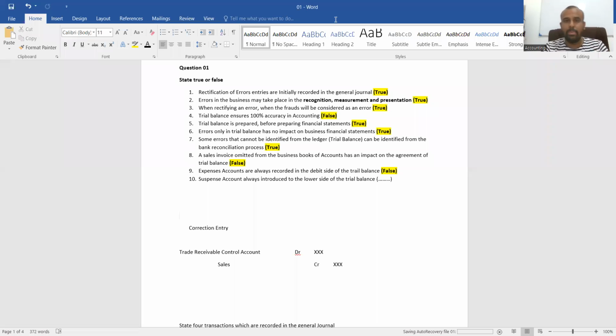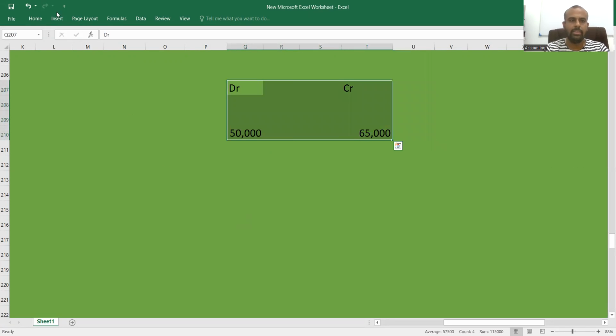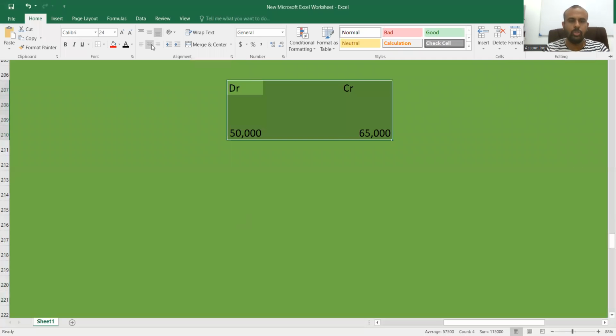දැන් මේ බලන්න. trial balance එක අපි හදනවා නම්, debit side එකේ තියෙනවා 50,000, credit side එකේ තියෙනවා 65,000. But again, trial balance you must introduce which side? To the lower side.